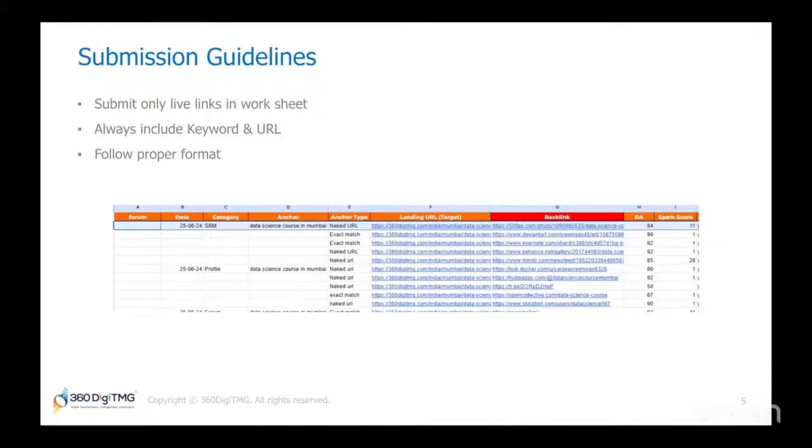As per our guidelines, you need to work on the submissions. In the same format, you need to mention the links, and also mention the category, whether it's a video submission, image submission, social bookmarking, or profile creation. We need to mention categories.